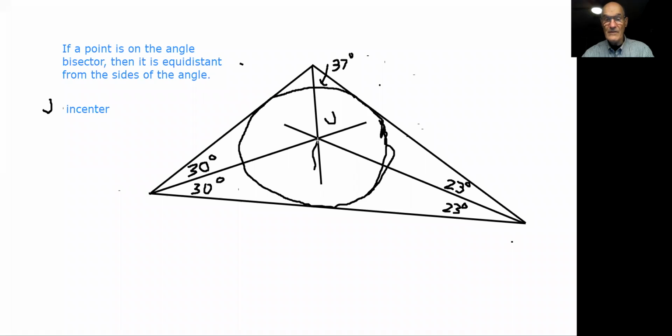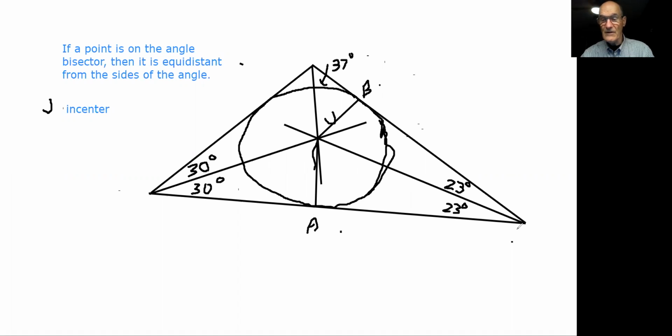If I draw myself a right triangle here, and I come up here and draw this right here to this point right here, the middle point is J, and let's say this is A, and this is B. What I know is that JA is congruent to JB because J is on the angle bisector of this corner down here.